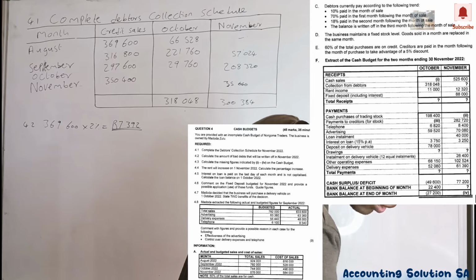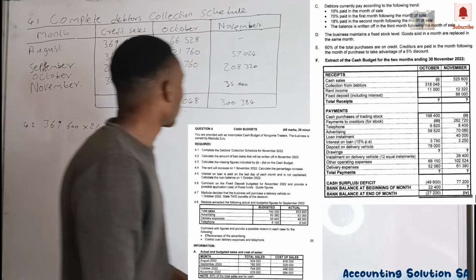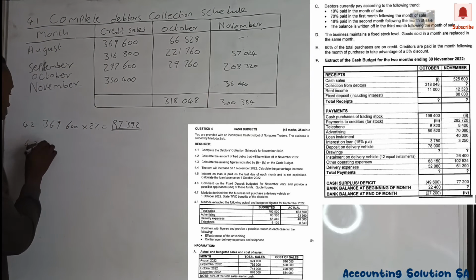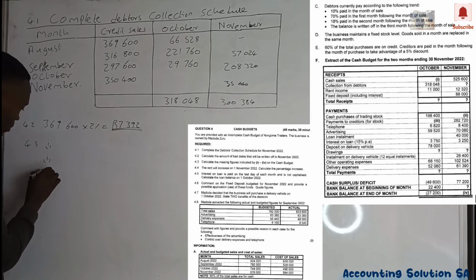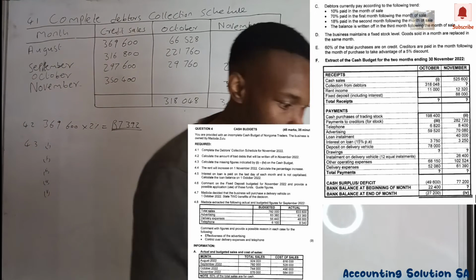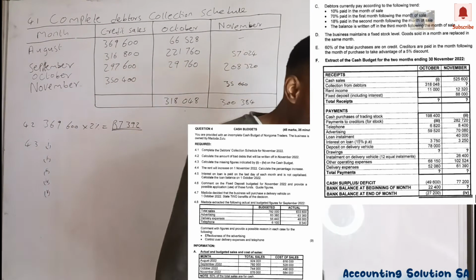There is a cash budget that we have, and we are going to calculate from number 1 up to number 5. Now let's first check our Roman figure number 1.